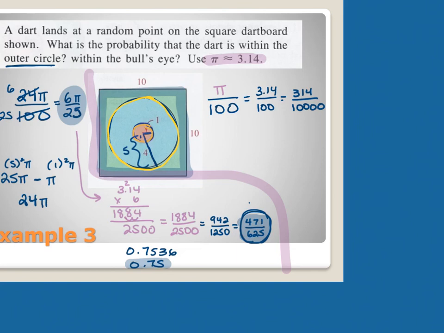And then simplify that. So again, if it said to keep it as an exact fraction, you could divide that by 2. That's 157 over 5,000. And if it said to round it to the nearest hundredth, let's say, it'd be 0.0314 or 0.03.